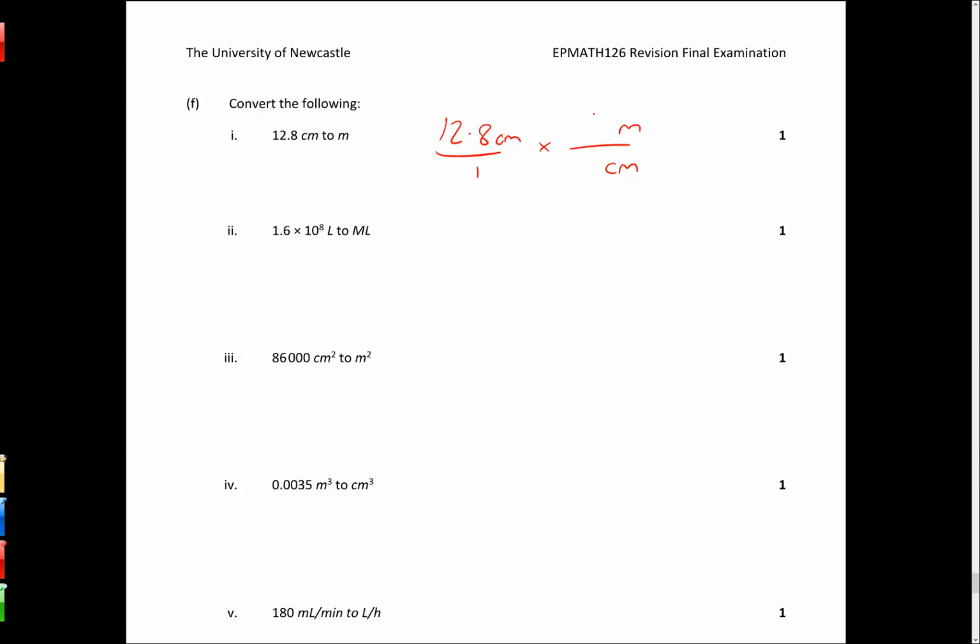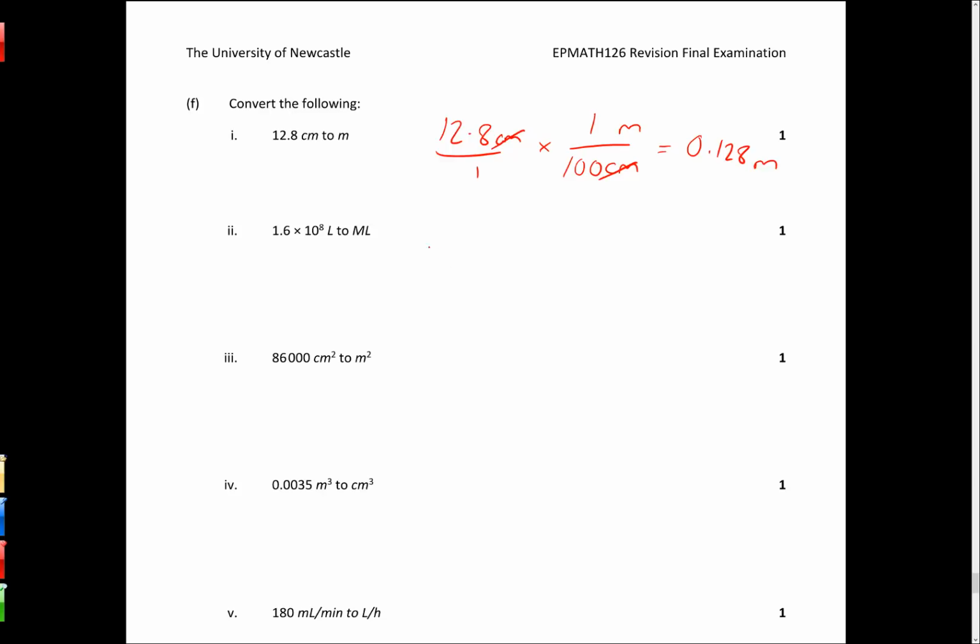I know that 1 meter equals 100 centimeters. So the centimeters is gone, and it's telling me that 12.8 is over 100. So it's 2 places smaller. 1, 2. So my answer is 0.128, and the only letter left is m. So 12.8 on 100 meant 2 places smaller. That's exactly what I did. 0.128 meters is 12.8 centimeters.